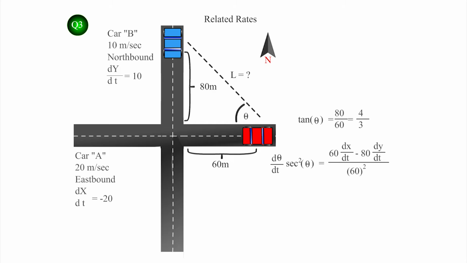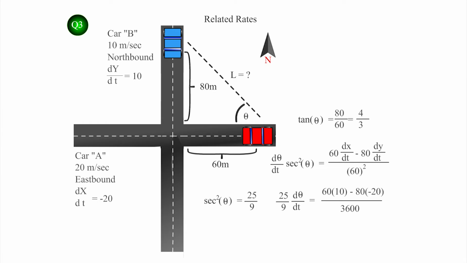Then, we find the derivative of tangent theta in terms of time, denoted by variable t. You will get secant squared theta times d theta over dt equals x times dy over dt minus y times dx over dt, all over x squared.